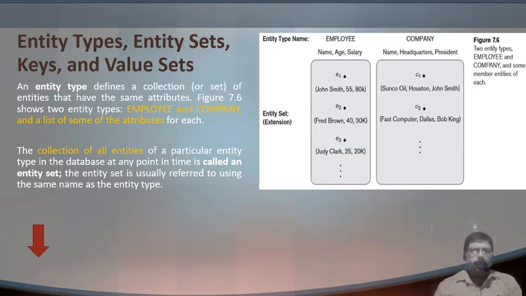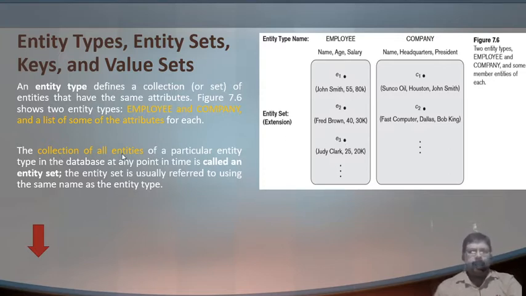Now, the collection of all entities of a particular entity type is an entity set. So here you see, E1, E2, E3 are employee entities, and together these are employee sets.